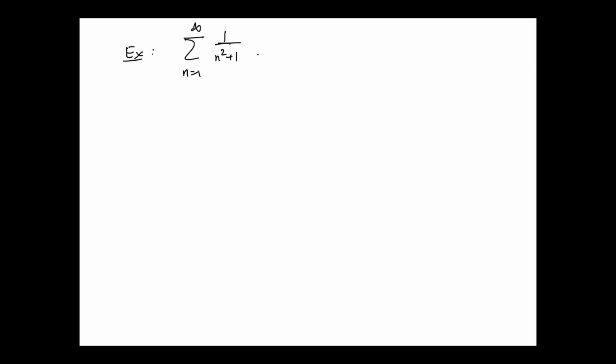What do you think the natural thing to compare against here would be? 1 over n squared. So let's consider it and see if they go in the correct order.